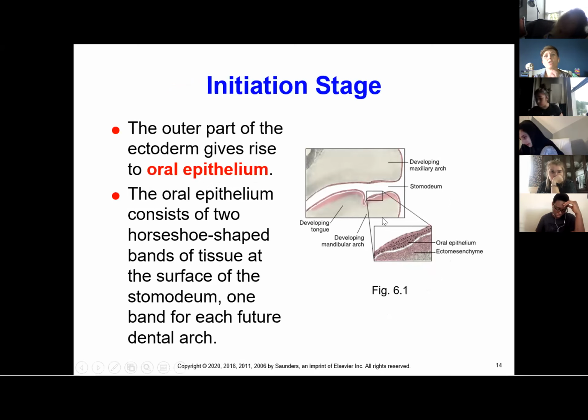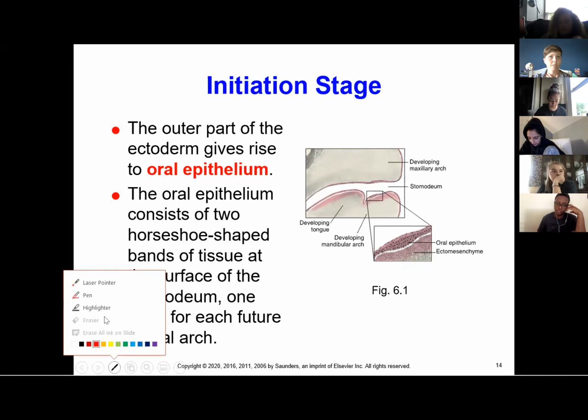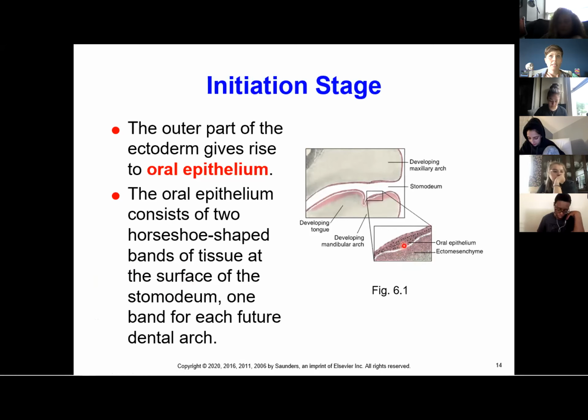So you can see here, this is your developing maxillary arch. Here's your stomodeum, your primitive mouth, your little mouth that's going in. And then you have your oral epithelium, which are these cells right here. And then you have your ectomesenchyme here, okay?